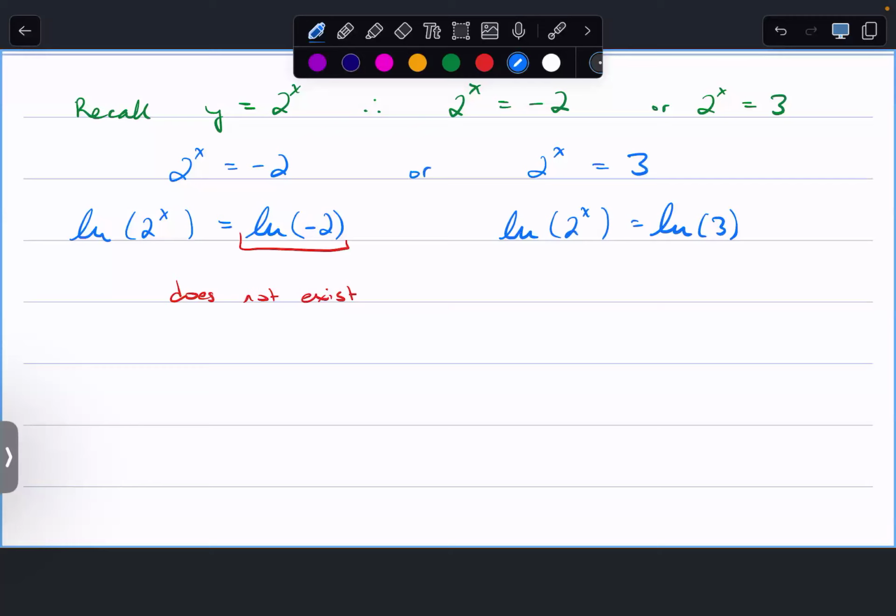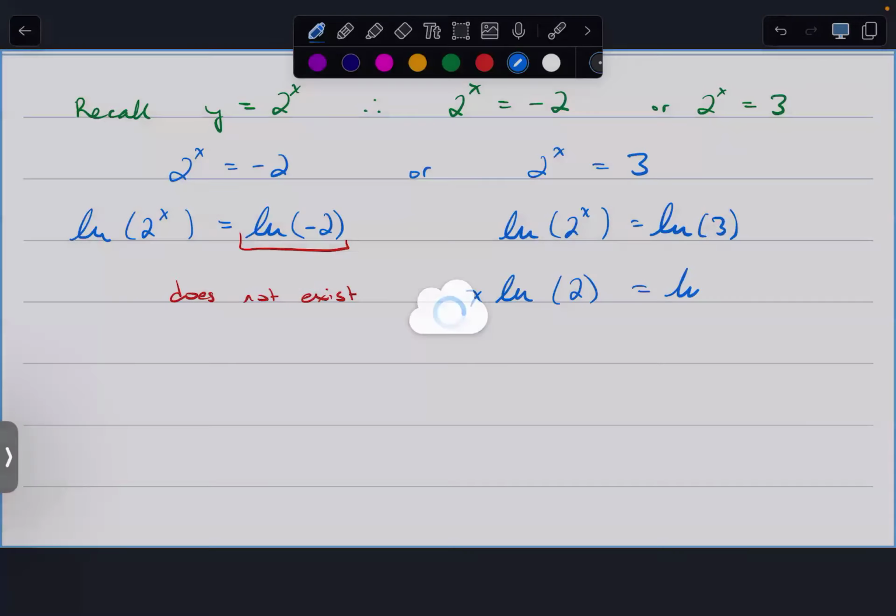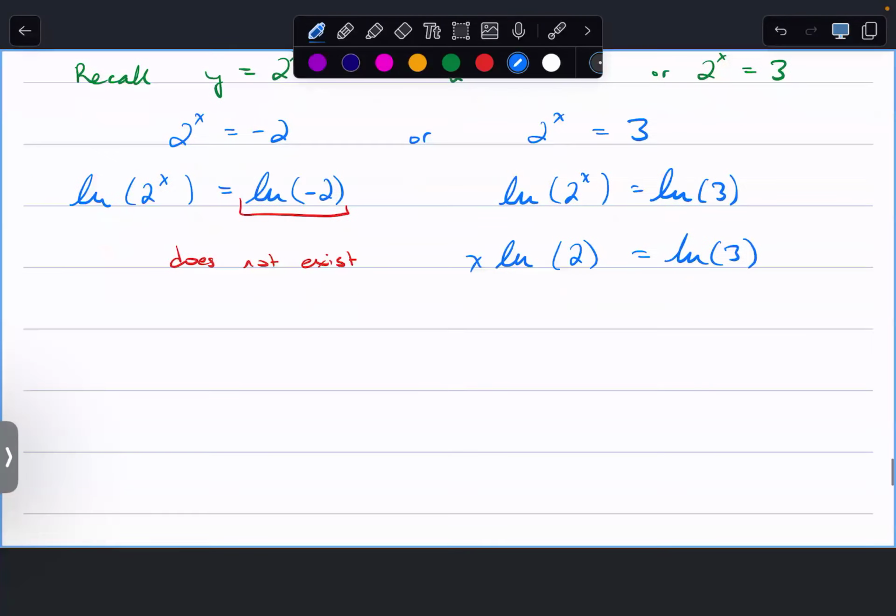Now I can use that log and I can bring down that x in front by the log laws. X times the natural log of 2 is the natural log of 3. So x is the natural log of 3 divided by the natural log of 2. And that's the answer.